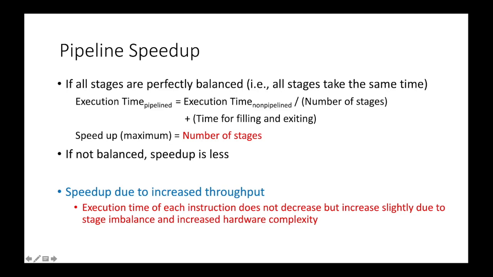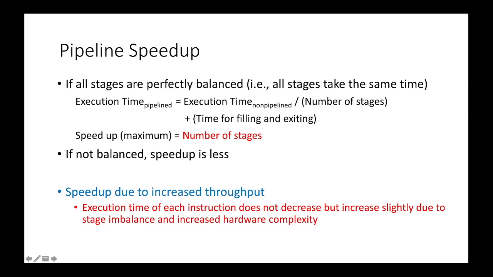For example, with 5-stage instruction pipelining, we can get a 5 times speed up compared to unpipelined execution.